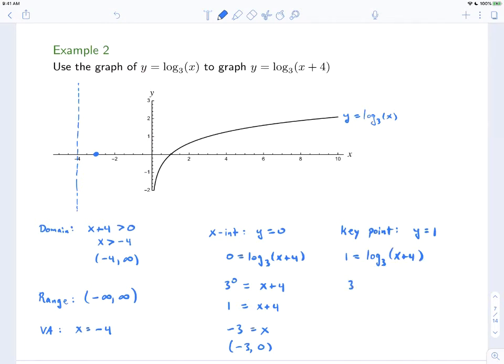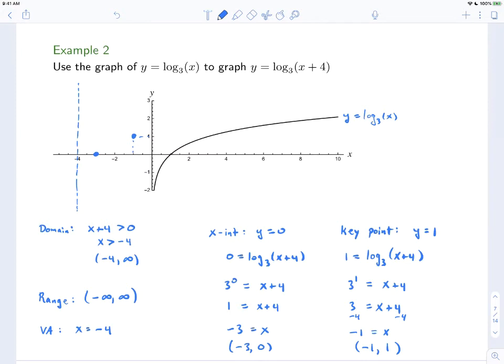So 3 raised to the 1 is x plus 4, or in other words, 3 is equal to x plus 4. Subtract 4 from both sides, and you get negative 1 is equal to x. So our key point has x-coordinate negative 1 and y-coordinate positive 1. So it's negative 1, 1, right here.